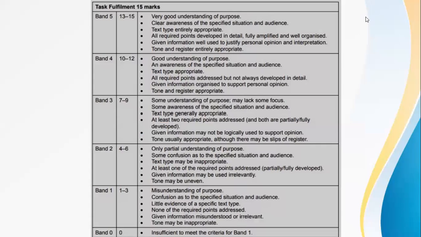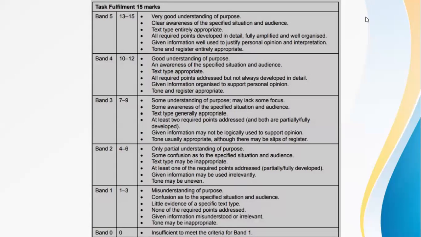Okay, so now let's look at the marking scheme given. When it comes to task fulfillment, or the content points, there will be 15 marks awarded. So band 5 consists of the highest marks, almost the full marks given for your task fulfillment, which is 13 to 15.